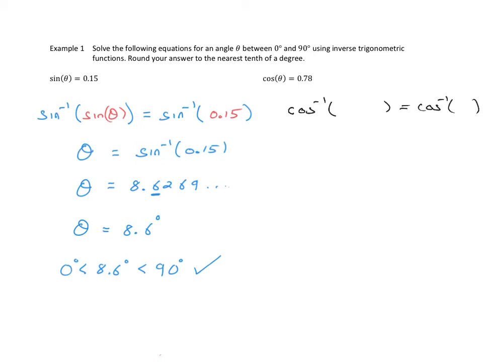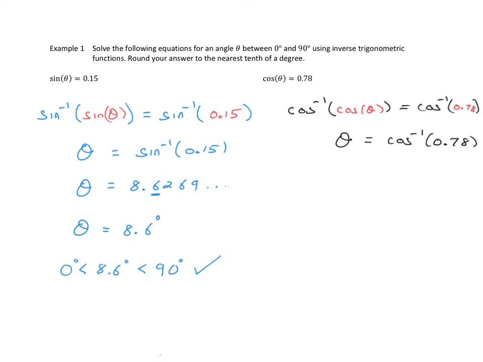So I get cosine inverse of cosine of theta is equal to cosine inverse of 0.78. That must be a true statement, since I'm doing the same thing to both sides of this equation. But over here, cosine inverse of cosine, they cancel, leaving me with theta. And theta is equal to cosine inverse of 0.78.